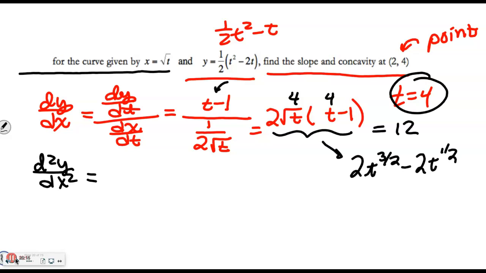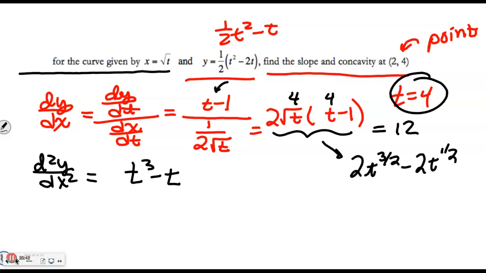So my second derivative will be the derivative of this guy. So what's that going to be? 3/2 times 2. I'm getting a t cubed. Is that right? So it'll be t cubed minus t. Is that right? I'm just making sure. T to the 1/2. Brought it out front.